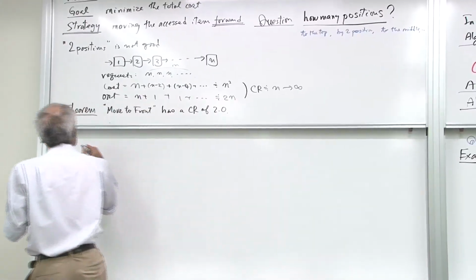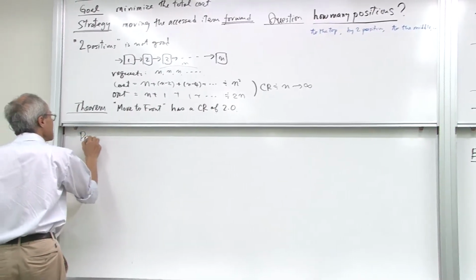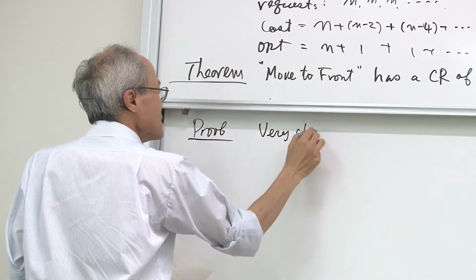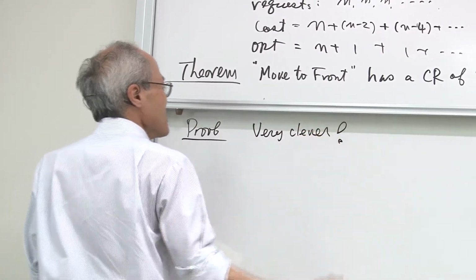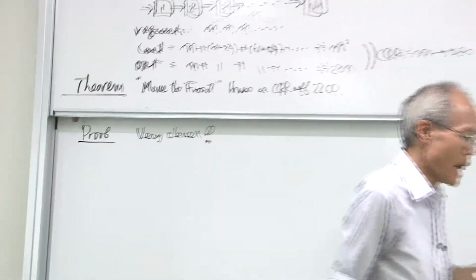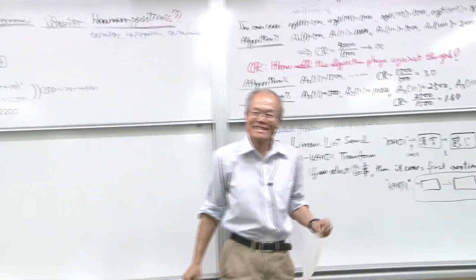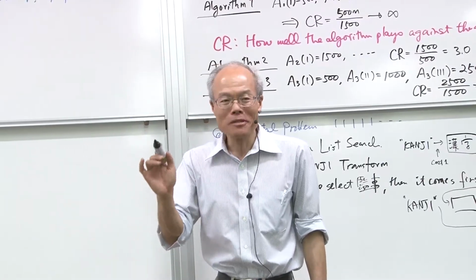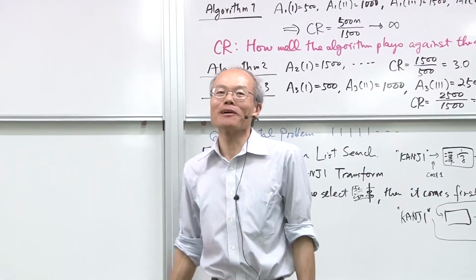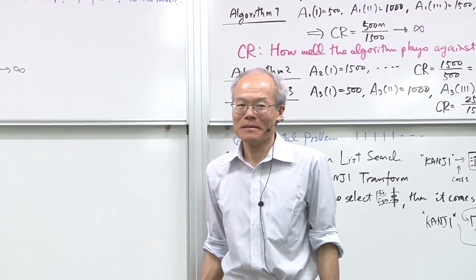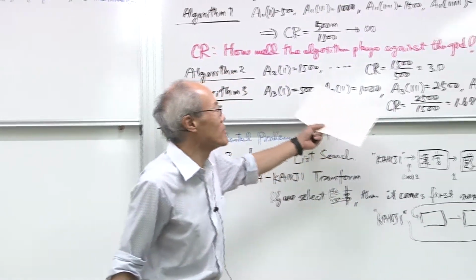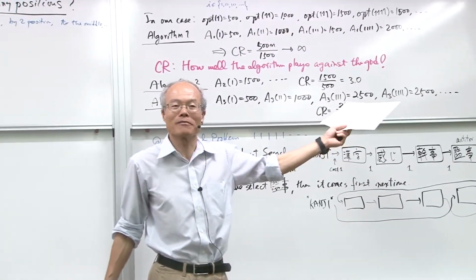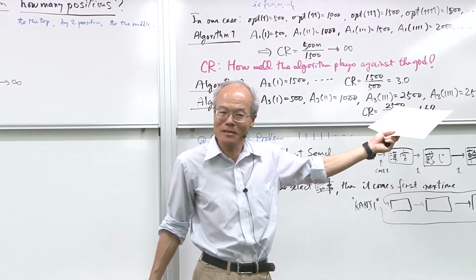Proof. Very clever. Why? Because we don't know what the optimal algorithm is. In the previous example, we did know the optimal algorithm; it was quite easy.